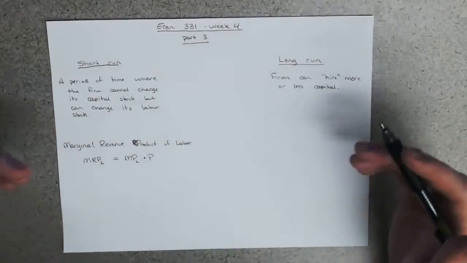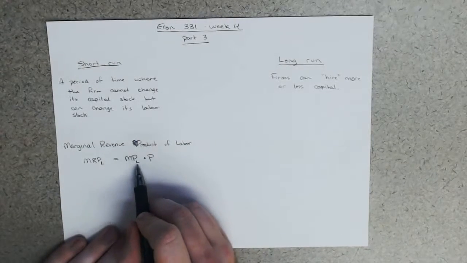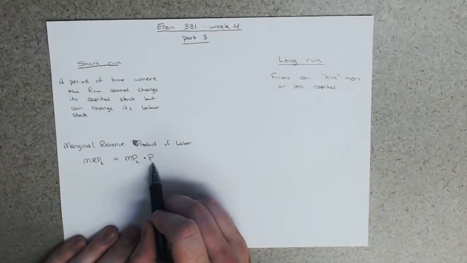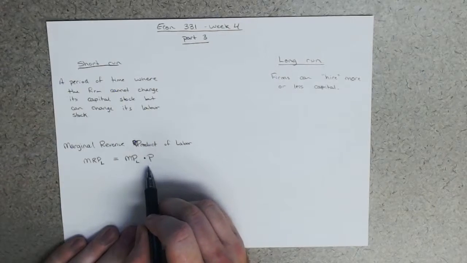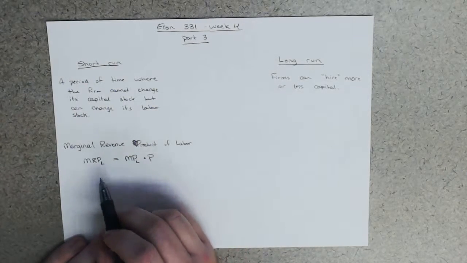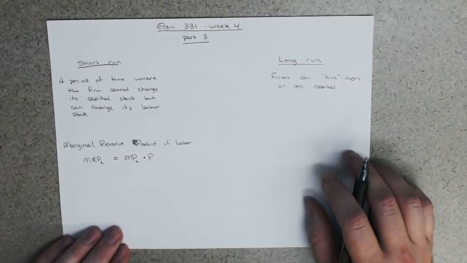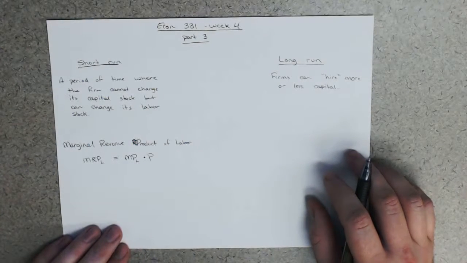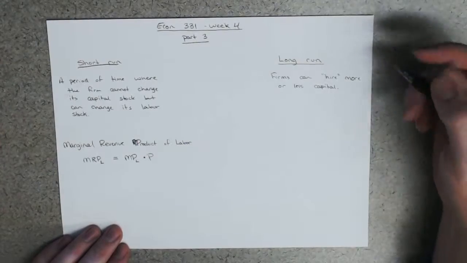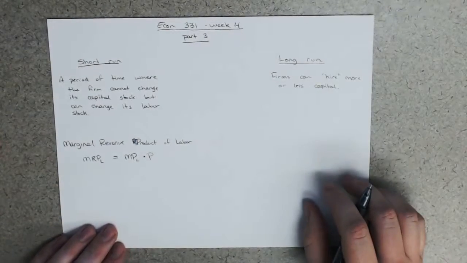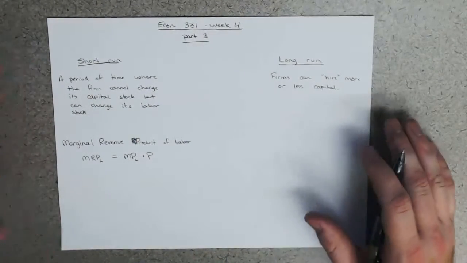Okay, so what's going on here is we're saying let's increase labor by 1. We're going to multiply that by the price that we're getting, and that is going to tell us how much money we're going to make by hiring 1 more unit of labor and selling the corresponding increase in output.